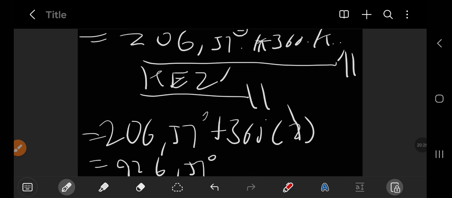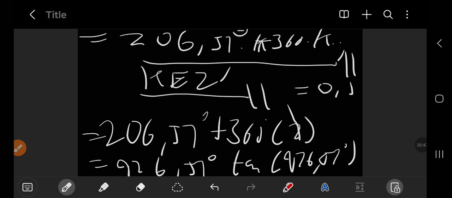So when I take tan 926.57 degrees, it should get me to 1 over 2. It gets me to 0.5, which is just the same as saying 1 over 2. So you can always check to see if it makes sense, and it makes sense. So that means it's going to exist. So I already did it here.